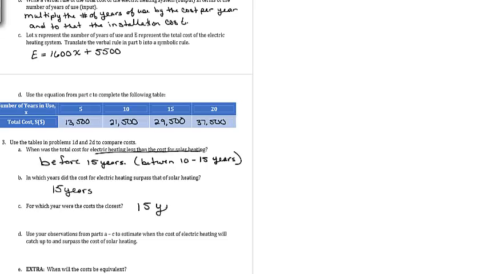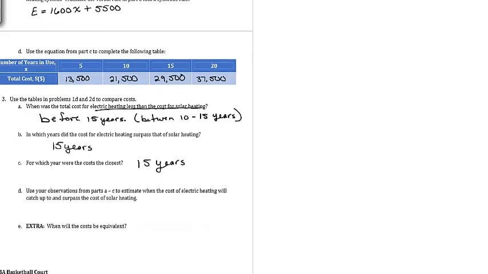So at about 15 years. So now use your observations from A to C to estimate when the cost of the electrical heating will catch up to and surpass the solar heating. And so an estimate of that would be between 14 to 15 years.